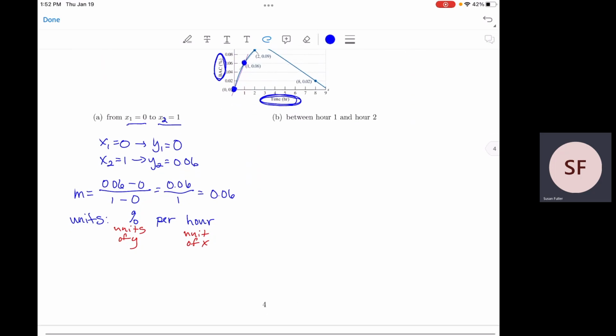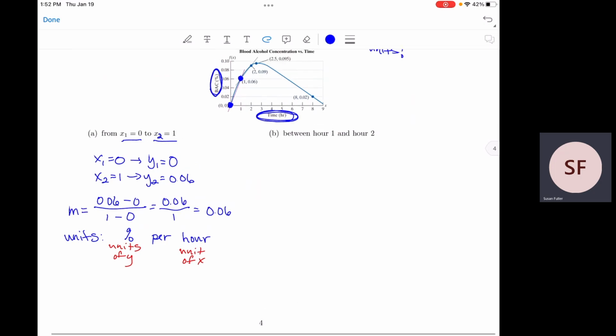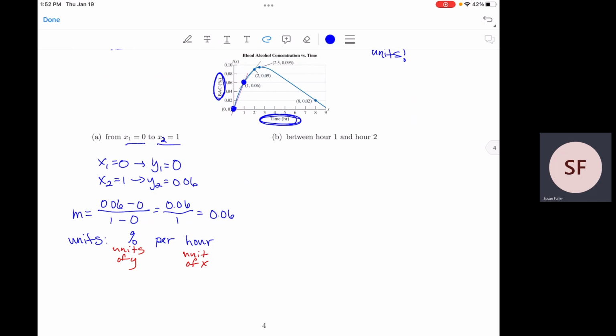Okay, so interpreting this result, 0.06% per hour. This tells us how y is changing for each unit of x. So y, which means the person's blood alcohol content, that is what y represents. So y, the individual's blood alcohol content was changing.